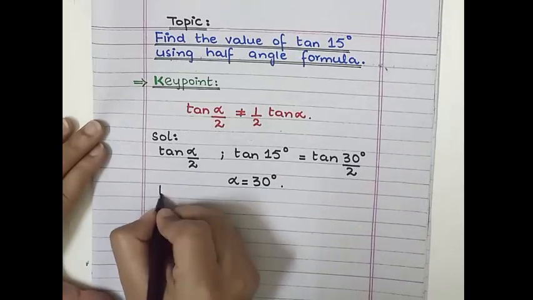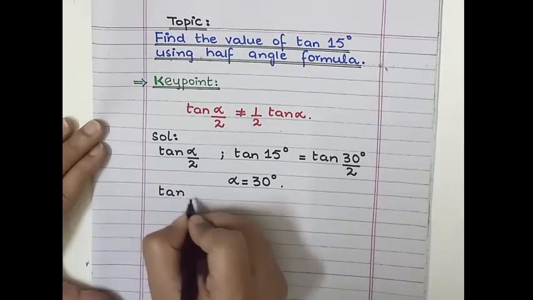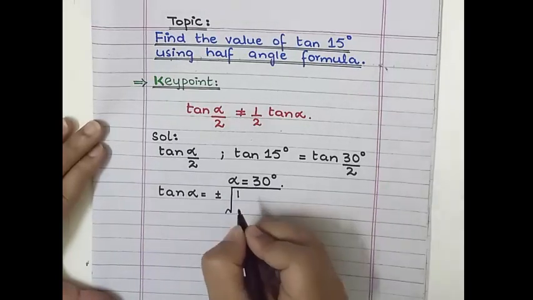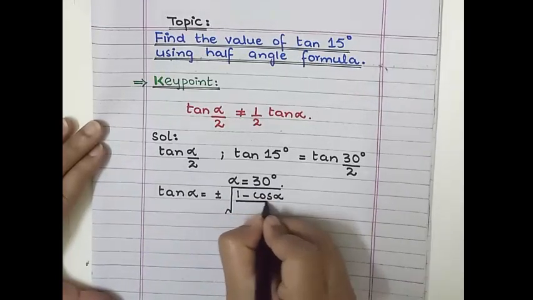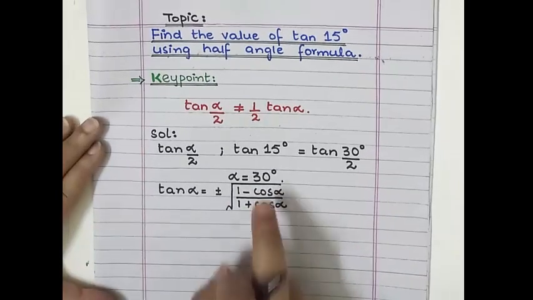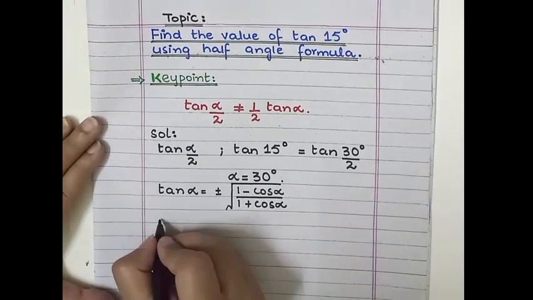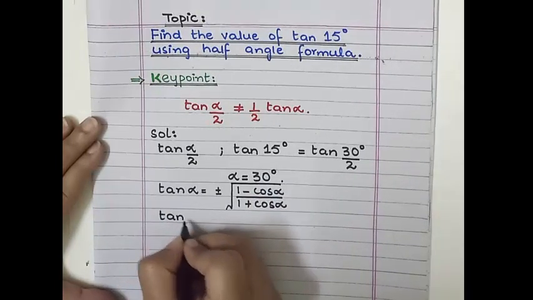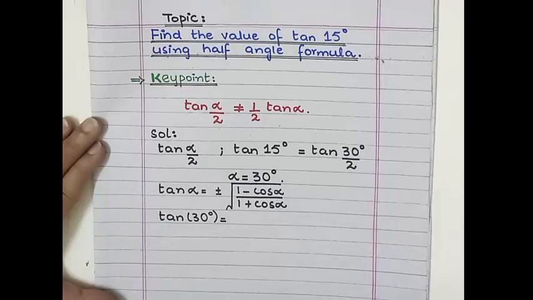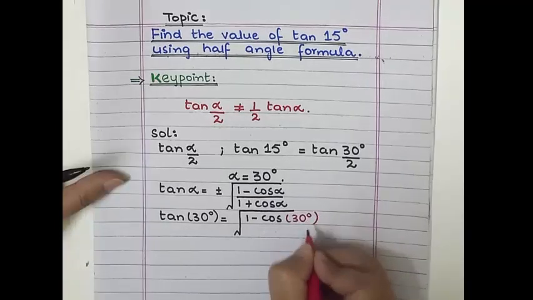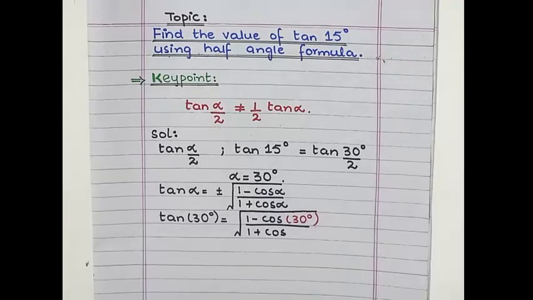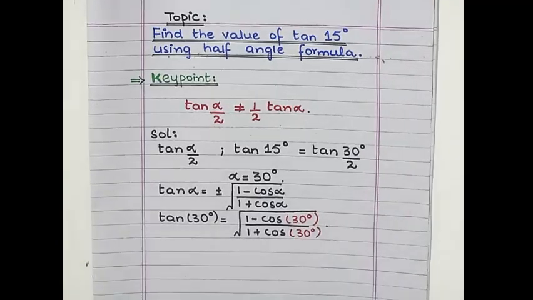Now, as in the previous lecture we discussed half angle formulas, we know tan alpha over 2 is equal to the square root of 1 minus cos alpha divided by 1 plus cos alpha. Here we have the value of alpha as 30 degrees. So writing tan 30 degrees over 2 is equal to the square root of 1 minus cos 30 degrees divided by 1 plus cos 30 degrees, right?